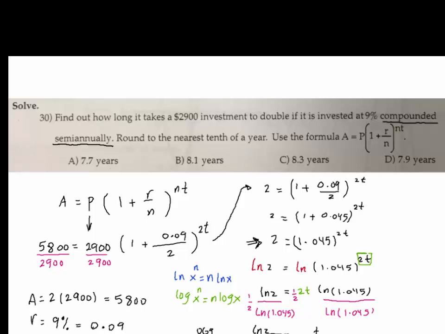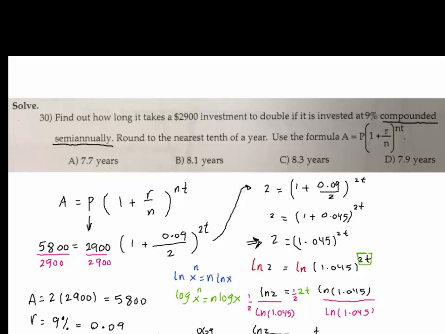You should get 1/2 times 15.747, and finally you would get 7.87 years, almost 7.9.